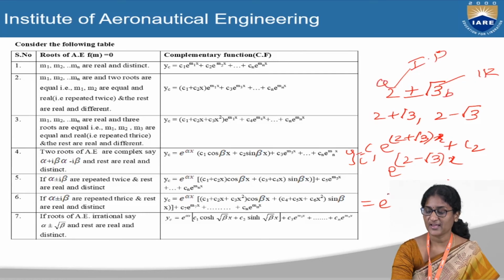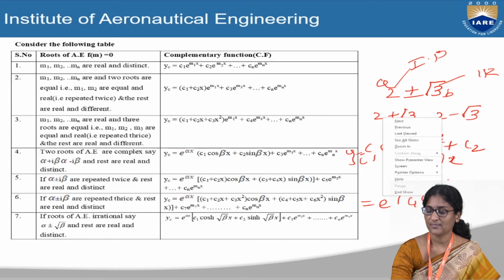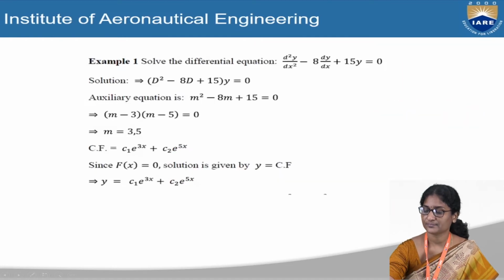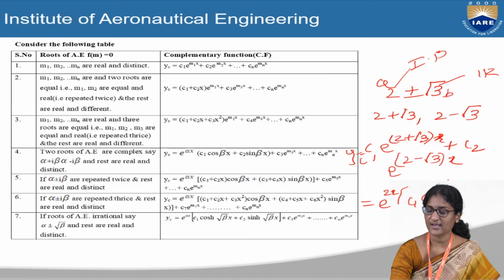So e to the power of ax, that is 2x, open the brackets, c1 cos h, hyperbolic, because you don't have any i value here. So c1 cosh root 3 x plus c2 sinh root 3 x.